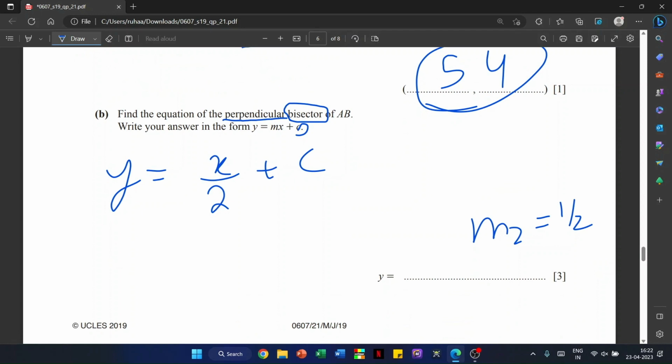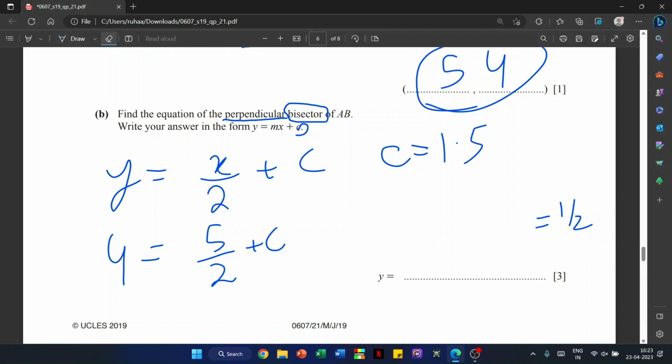So 4 is equal to 5 divided by 2 plus C, which will mean that C is equal to 4 minus 2.5, which is 1.5, or 3 by 2. And so the final answer is going to be in the form y is equal to mx plus c. Y is equal to x by 2 plus 1.5.